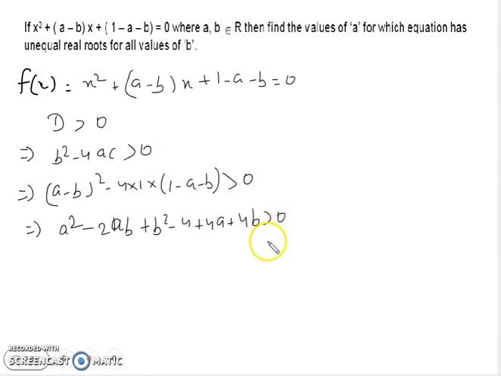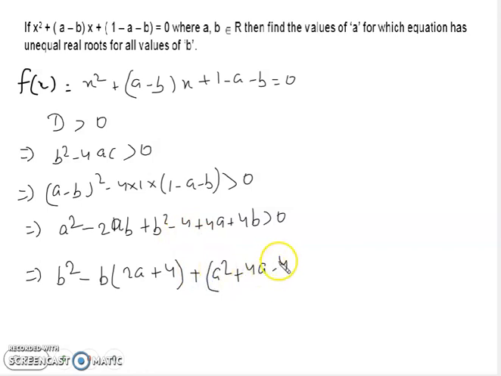Now we can write the terms as b square minus, after taking b common from two terms, b times (2a plus 4), minus (a square plus 4a minus 4).